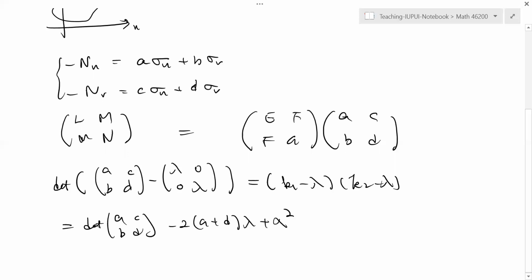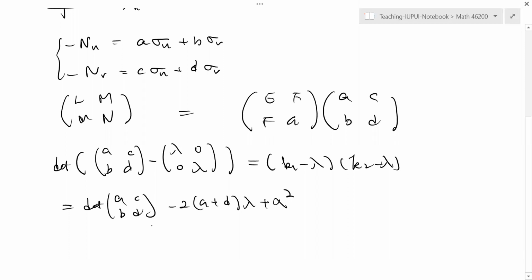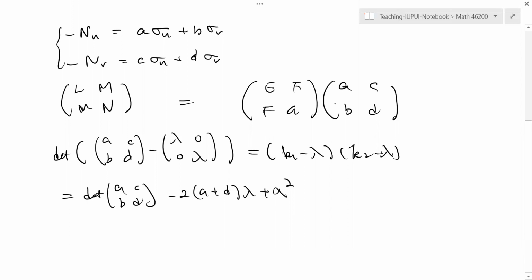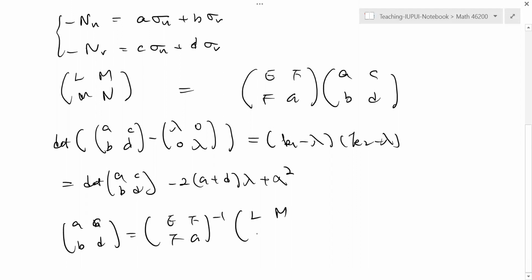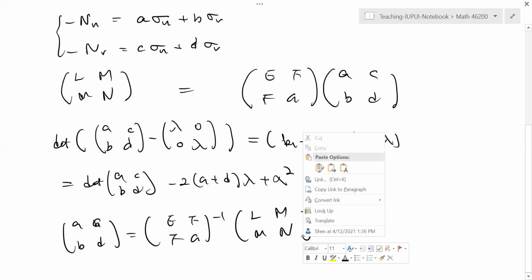So in order to get K1, K2, you can solve this, but we also have that A, B, C, D can be replaced by E, F, F, G inverse times L, M, M, N, right? That's how we do the computation.